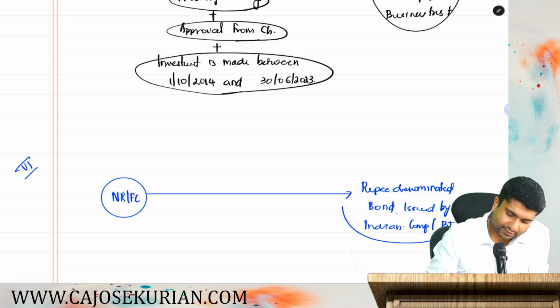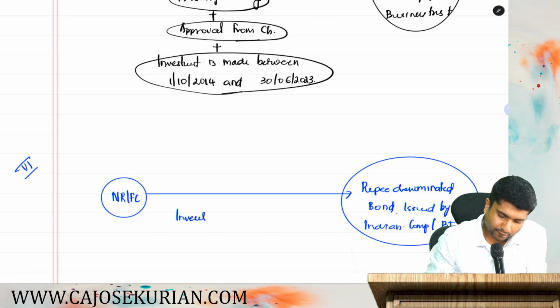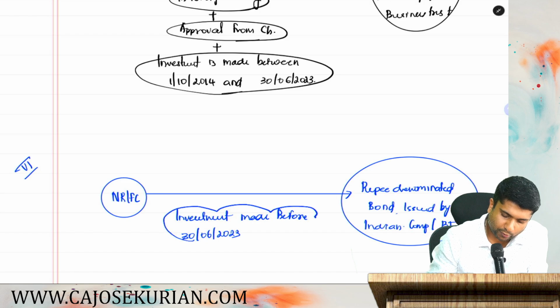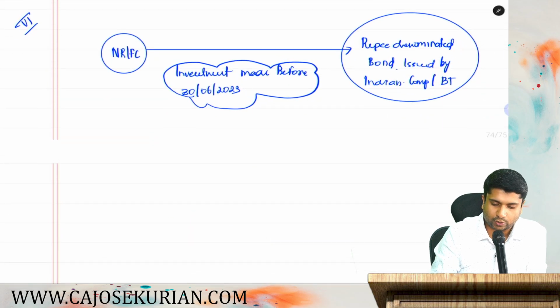BT means business trust. Now there is one more thing. This investment should be made on or before 30th June 2023, that means the bond has to be issued on or before 30th June 2023.